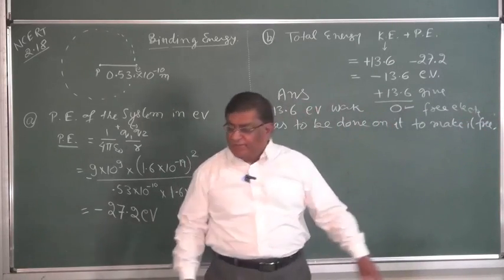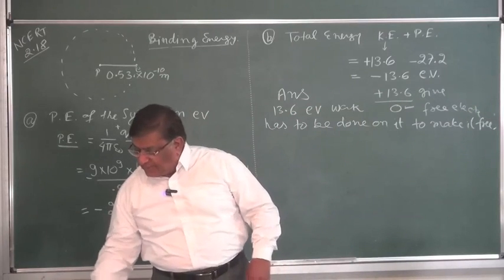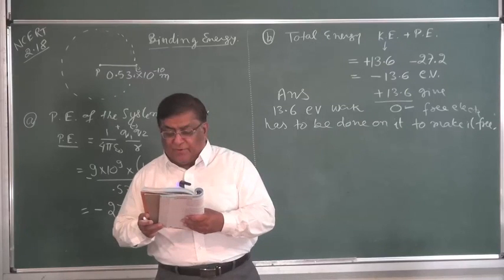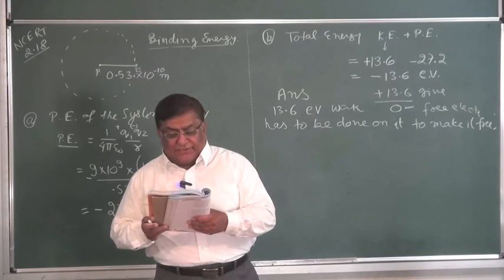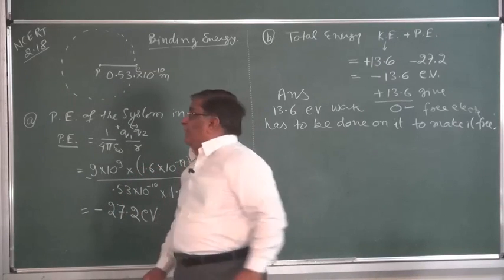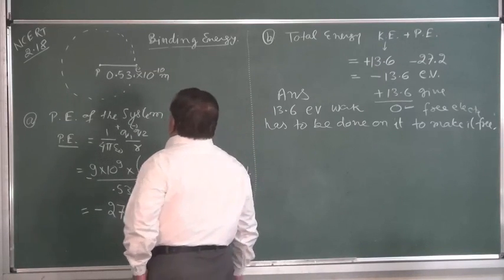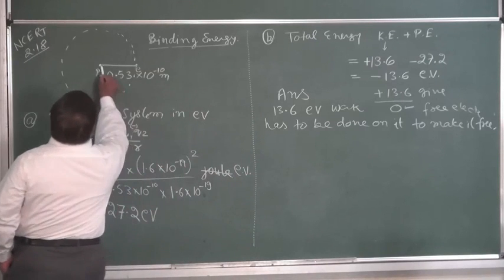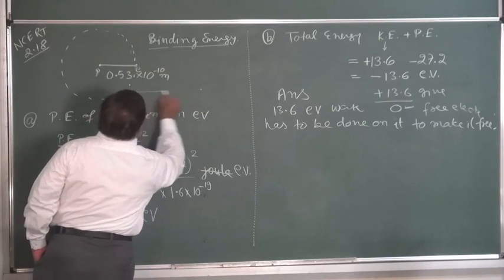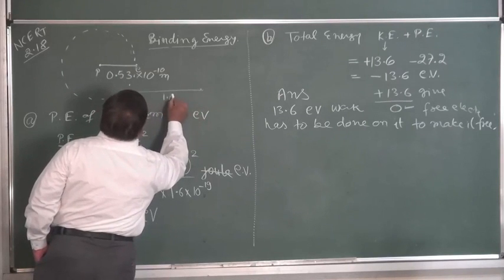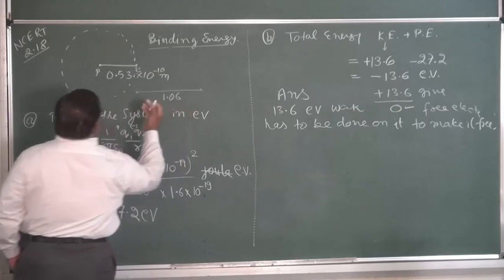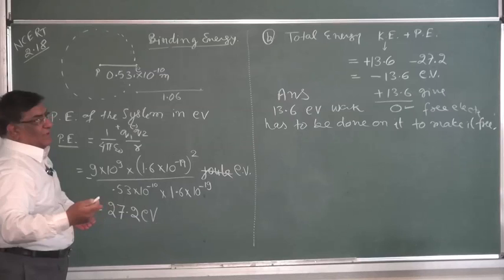Okay, this is our second answer. Is there any other part? Yes, part C. What are the answers A and B above if the zero of potential energy is taken at 1.06 angstrom separation? If this is the separation, then what will be all these answers?